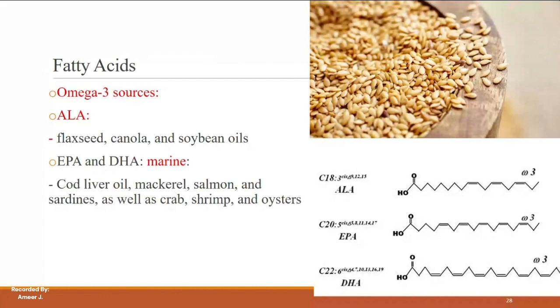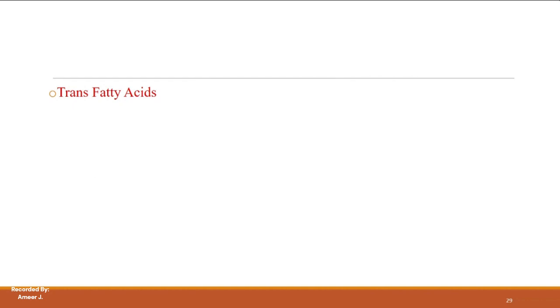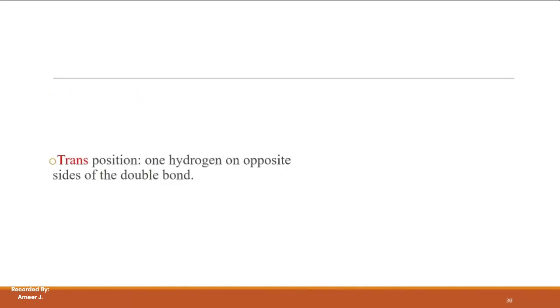And we are going to explain one of the very important fatty acids that are classified as the most harmful fatty acids in the diet, called trans fatty acids. In natural unsaturated fatty acids, the two hydrogens are on the same side of the double bond, the cis isomer form, causing the fatty acid to bend.